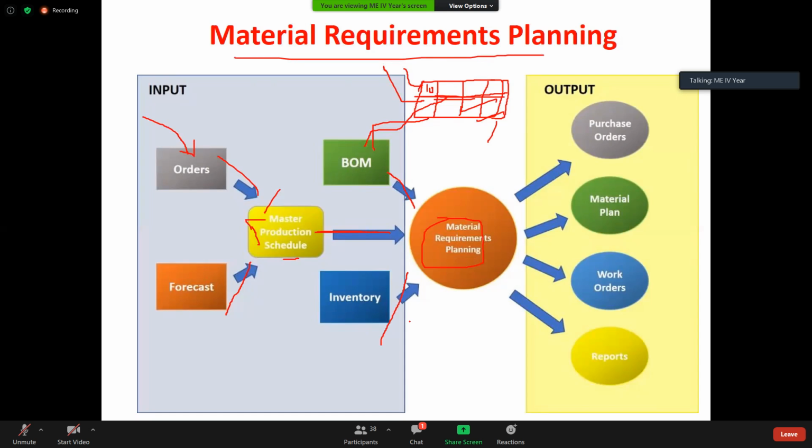Inventory is also very important. Why? Because before releasing to MRP, before releasing to manufacturing, they have to consider how much inventory they already have. See, very simple. My mother every month used to make a list of how much quantity of groceries was already in the kitchen.